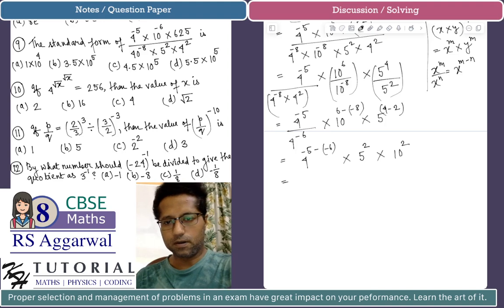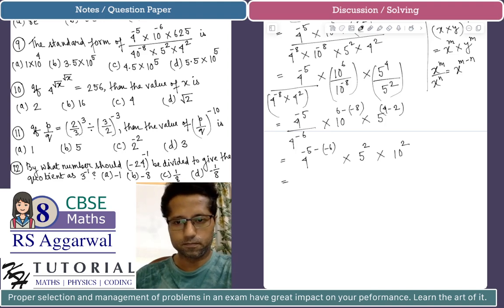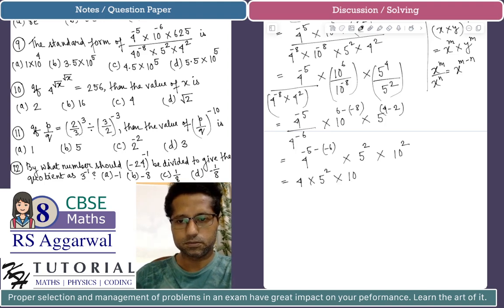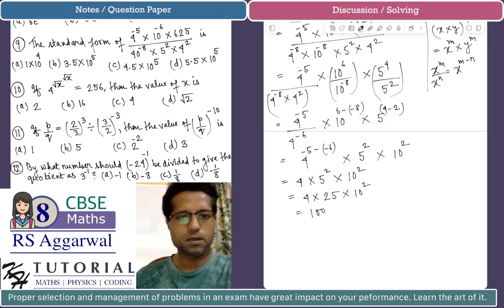4 raised to the power minus 5 plus 6, that is 4, multiplied by 5 square multiplied by 10 square. This is equal to 4 multiplied by 25 multiplied by 10 square. This is equal to 100 multiplied by 10 square.